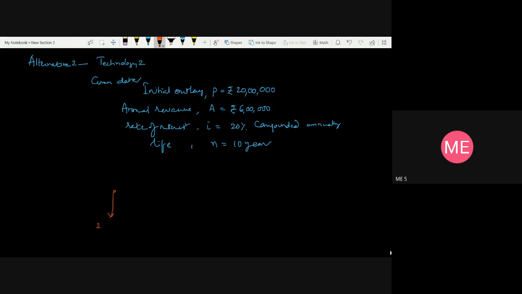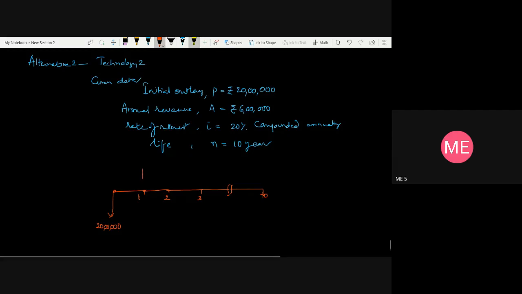Let's say 20 lakhs. Then at the end of every year, up to the end of the 10th year, there is a revenue of 6 lakhs every year.